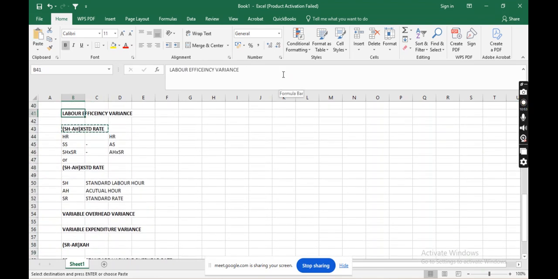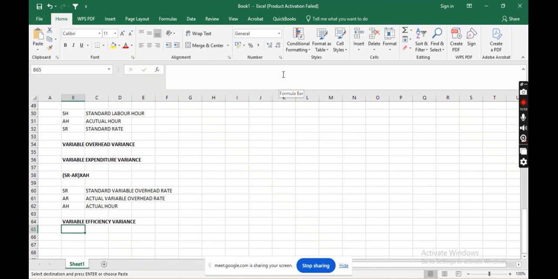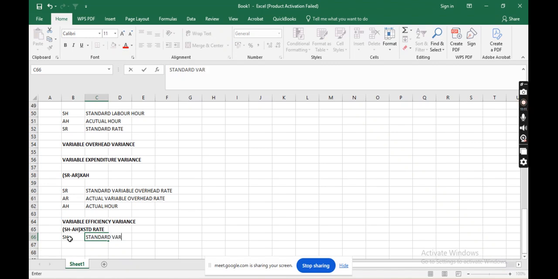Where is it? Okay, standard hour. So still the same thing. The only thing you just change, this will be for variable, right? Where SH is standard variable overhead hour, while the actual will be the actual hours worked.